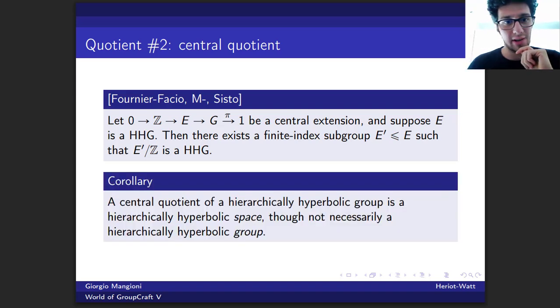And so as a corollary, you get that the quotient G, even without passing to a finite index subgroup, is going to be a hierarchically hyperbolic space, but not necessarily a hierarchically hyperbolic group, meaning that the geometry of the group is the right one, but there are some fine combinatorial properties which are required to be in the big family, which the quotient might not satisfy. But up to a finite index, everything is fine.